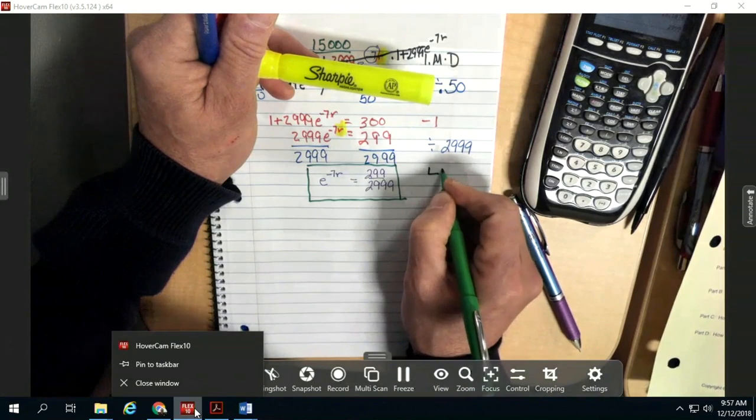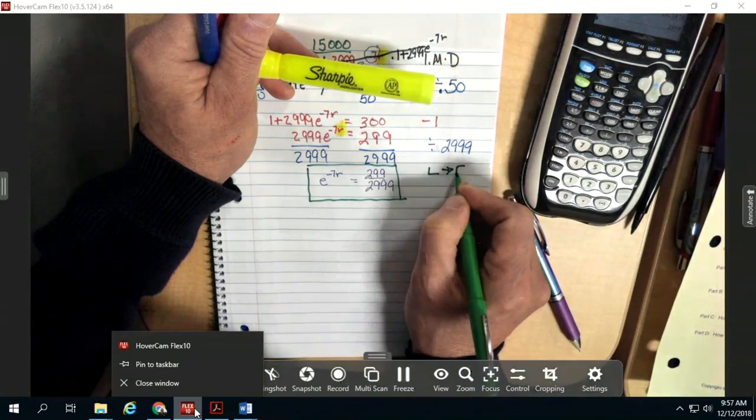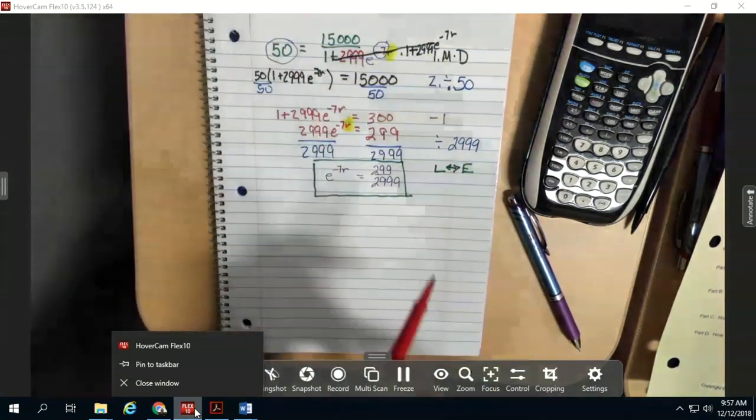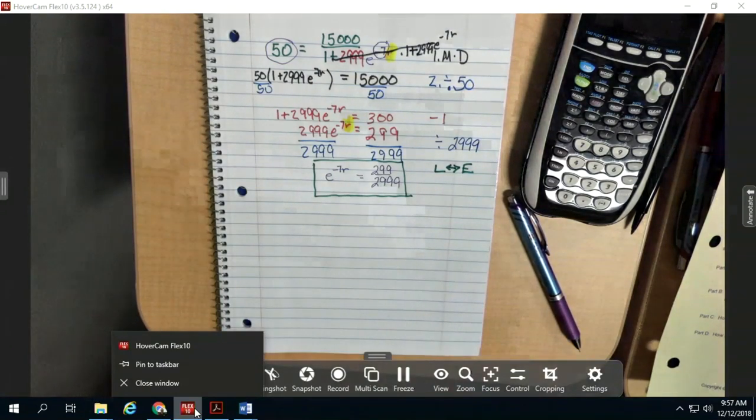When you get to this step right here, use the log exponent equivalent form. Remember what that said?